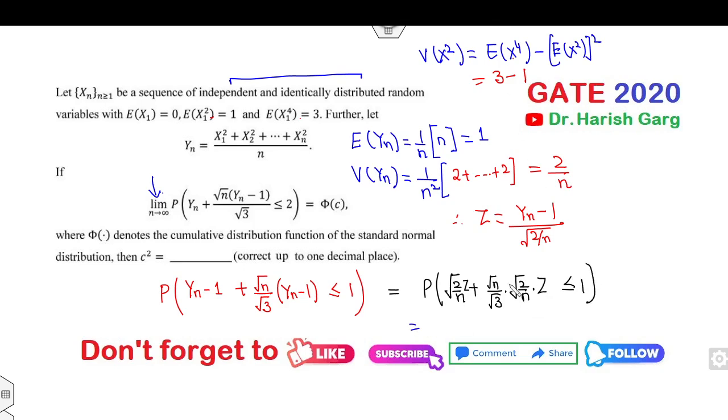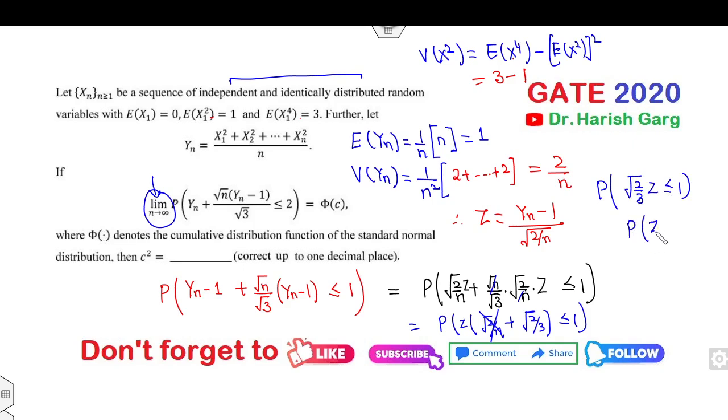I can take z as common. This will be cancelled out. Root 2 over n plus root 2 over 3, which is less than or equal to 1. As n approaches infinity, this term will be 0. So your answer becomes root 2 over 3 times z is less than or equal to 1.